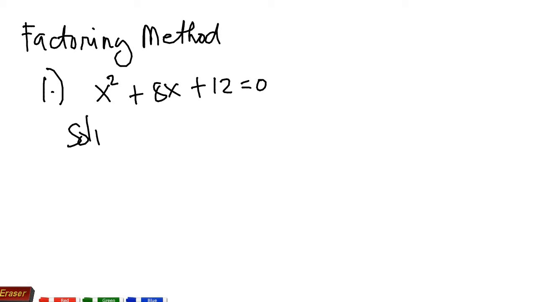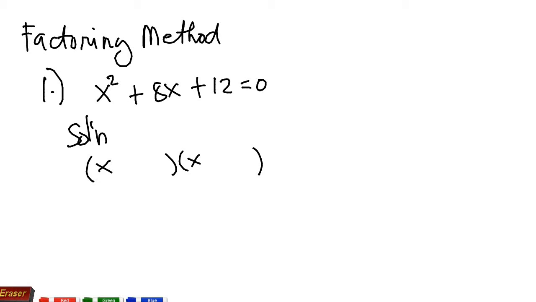Here we have factors of x. We have x times x. And then we also have factors of 12, your last term. We have so many factors for 12: you have 12 times 1, 4 times 3, or 6 times 2.